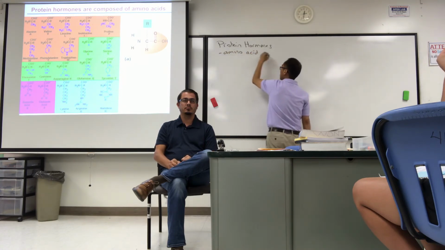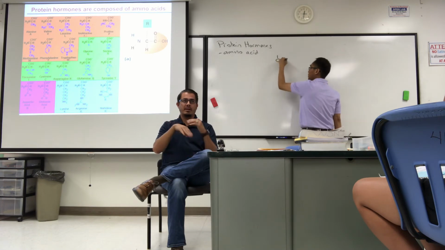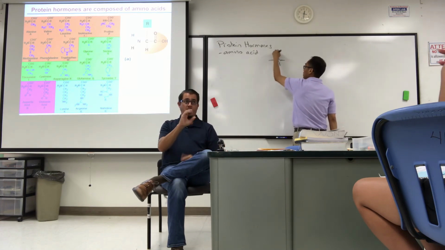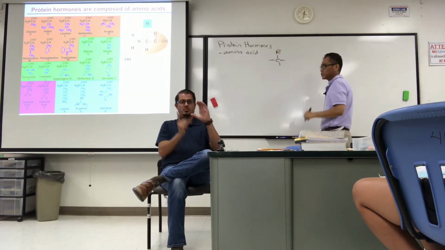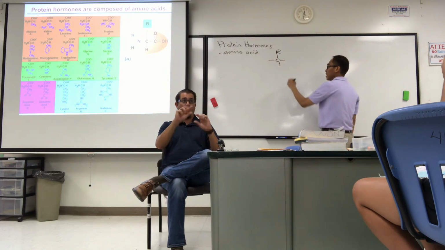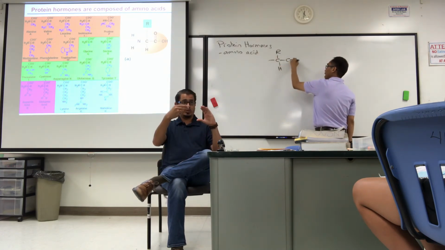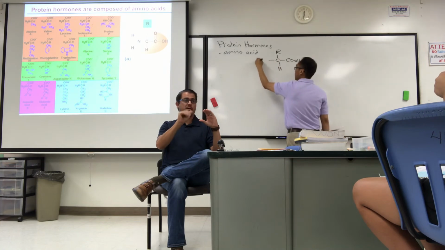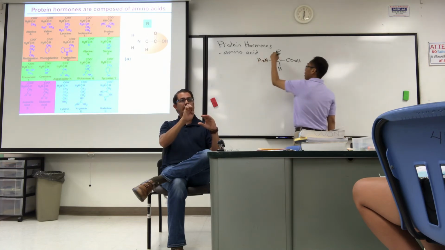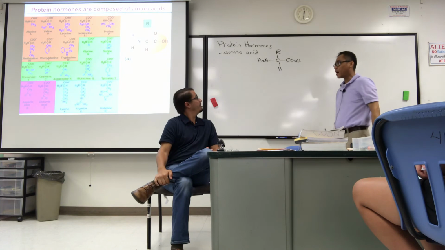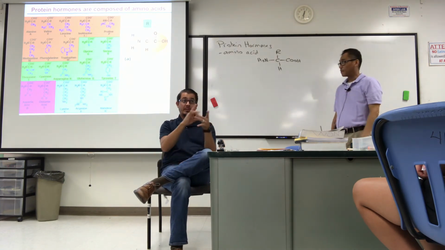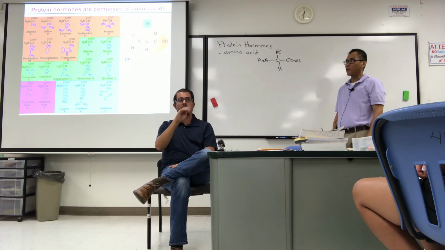An amino acid has this basic structure. It's a carbon surrounded by 4 positions: a generic R group, that changes depending on the function of the hormone, a hydrogen, a carboxylic acid, and an amine group. So that's the general structure. That's the monomer, a single amino acid. But link those together in a polypeptide chain, and they form different structures.